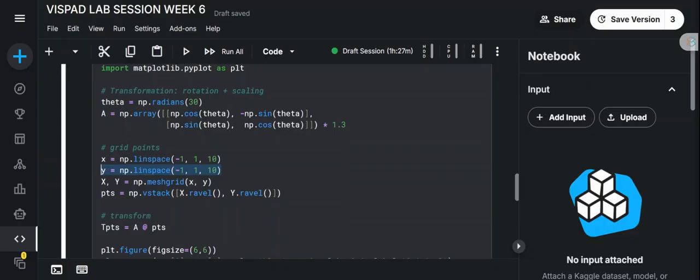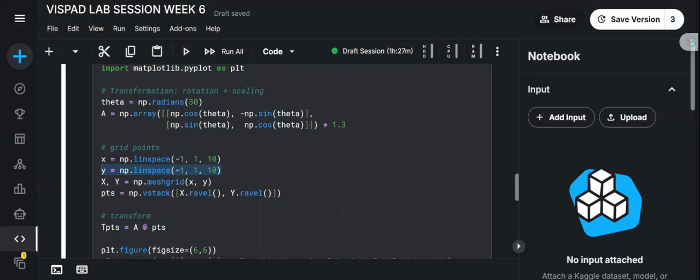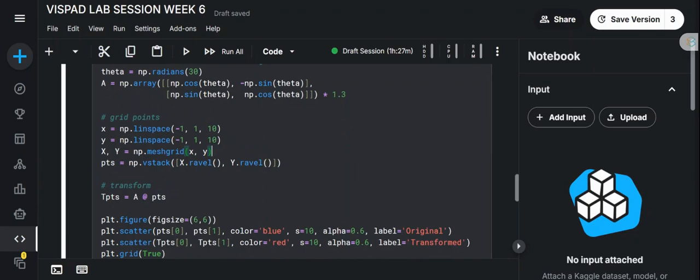We'll show the transformed version of these points by applying a linear transformation computation. So x and y, we combine them together to form a matrix, and then we do the transformation with this expression over here.